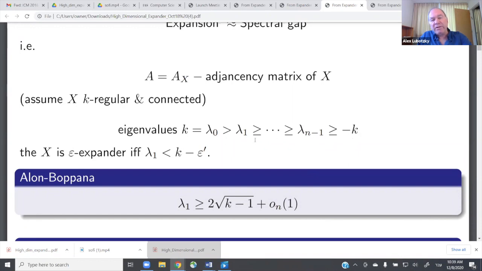There are n eigenvalues altogether, maybe with some multiplicity, and they all lie in this interval.